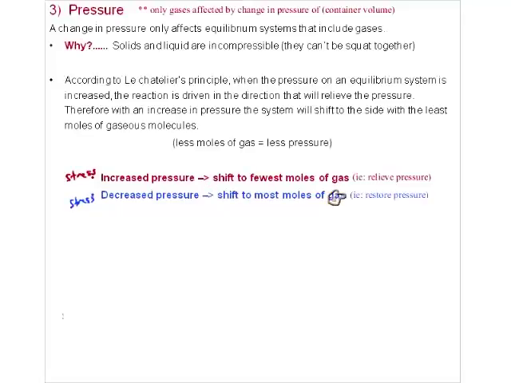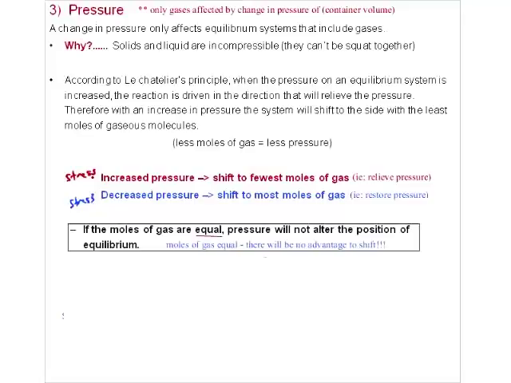We want to get the gas pressure back to normal. Now, if the moles of gas are equal, if we have 2 moles of gas on the left and 2 moles of gas on the right, then there's really not any advantage. By shifting one way or the other, we're not making less gas to relieve any pressure. So if the moles of gas are equal, then you're not going to have any effect on the equilibrium.